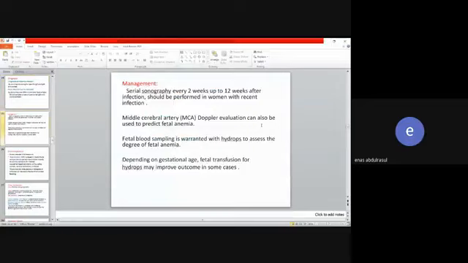Okay? What about the management? Here we fear anemia, right? The anemia that precedes the development of hydrops fetalis.